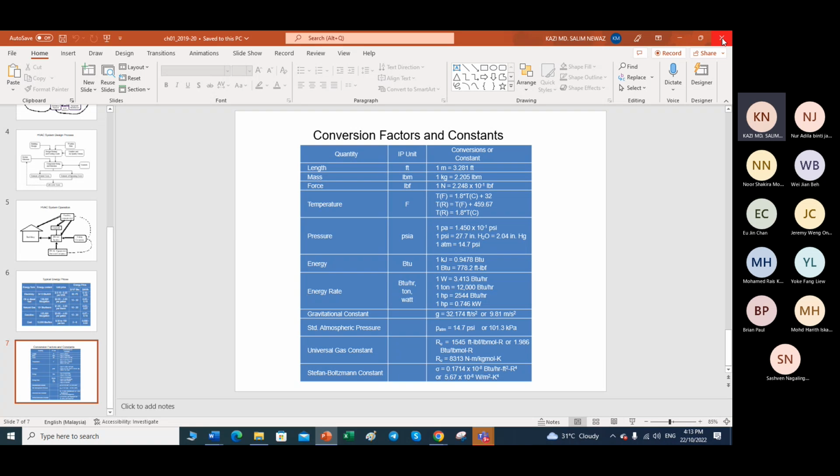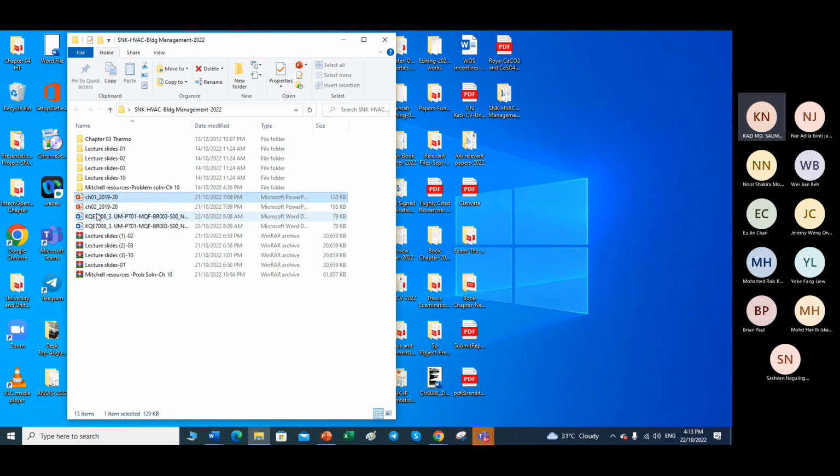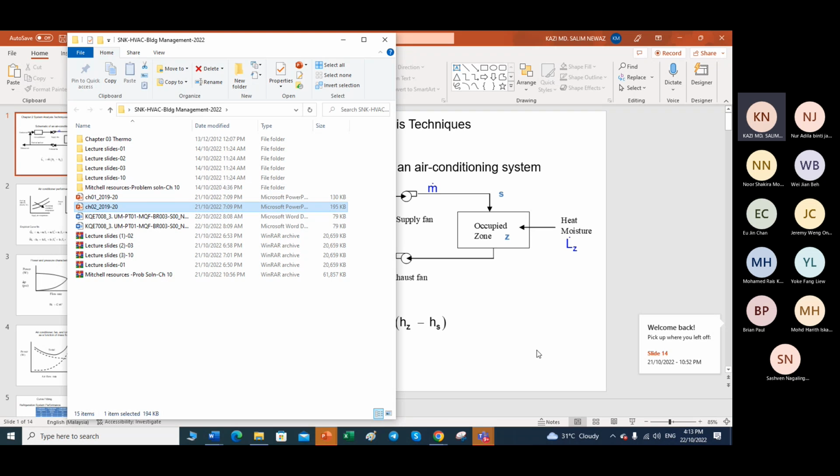After this chapter, we will go to some very basic discussion before going to refrigeration and the refrigeration circuit. Before that, we will study 2 more chapters.